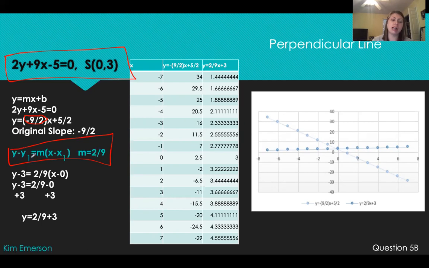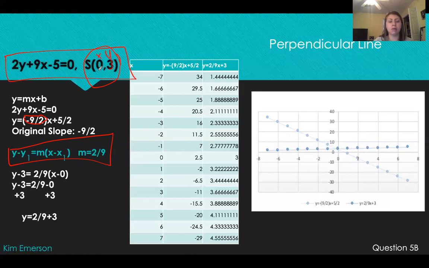So we have y minus y1 equals m times x minus x1, and m equals 2 over 9. So again, we're getting these numbers from our points up here that are given to us, point S. So y minus 3, which is right here, is y1, this is x, and then this is y.